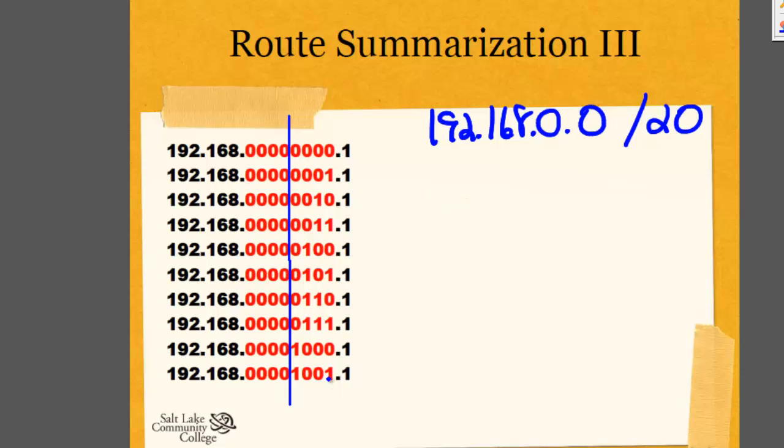Because if you look at this, we're saying we have about 9 addresses or 9 routes that we know about. Well, within 4 bits, the 4 bits that we have right here in red on the right-hand side, there's 16 possibilities in those 4 bits. So remember, 2 to the 4th equals 16. Well, what that means is when we advertise this out, we're not only saying that we know about 0, 1, 2, 3, 4, 5, 6, 7, 8, 9.